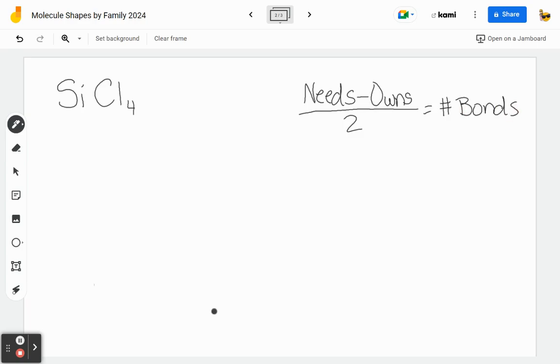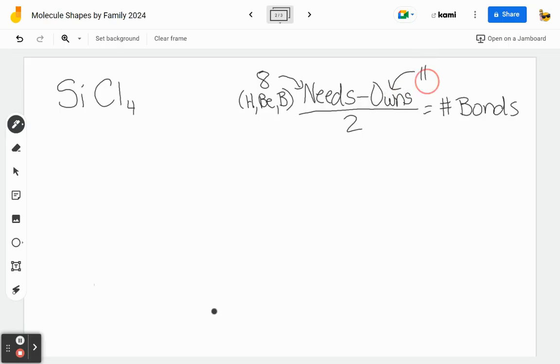So needs is going to be, the answer for absolutely everybody on the periodic table is going to be 8 except for hydrogen, beryllium, and boron. And we don't see them all that often. Just remember, hydrogen only forms 1 bond, beryllium only forms 2 bonds, boron only forms 3 bonds. Everybody else wants 8. Everybody else needs 8.